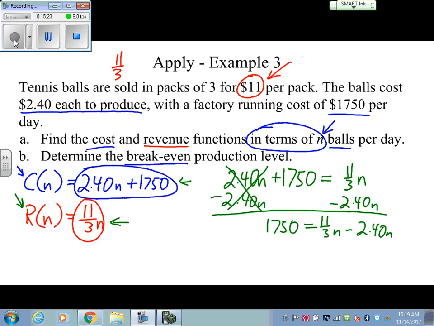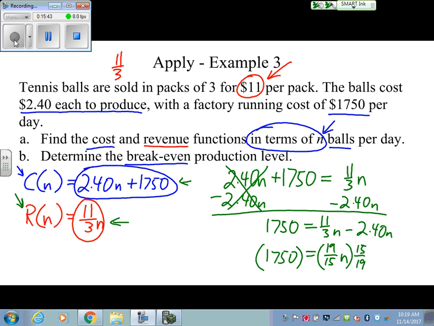So I combined my like terms, and I ended up with 19/15 N is equal to 1,750. And now, to get rid of the 19/15, I essentially have to divide by that because it's multiplying N. And how do we divide by a fraction? We multiply both sides by the reciprocal, 15/19.